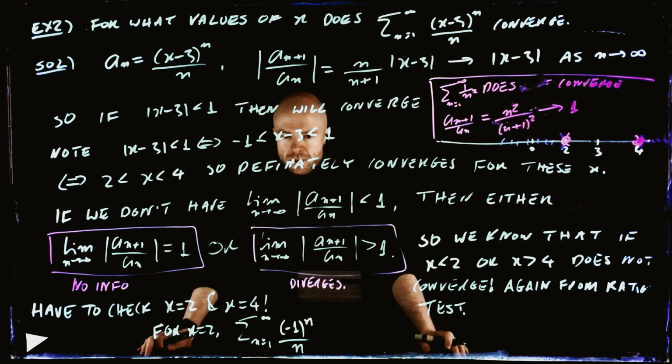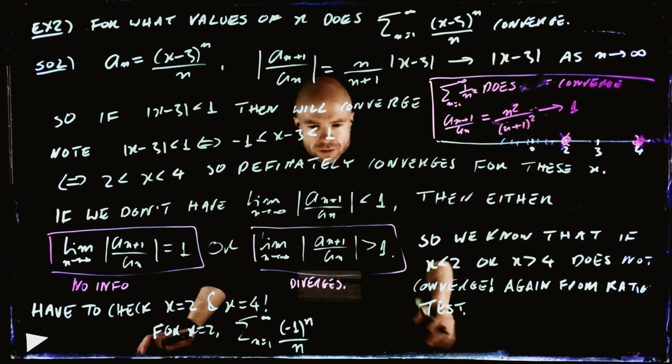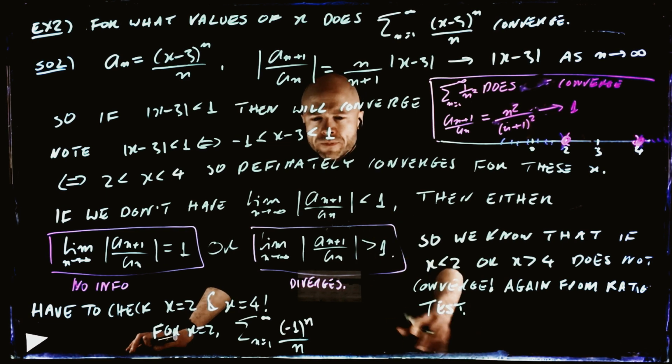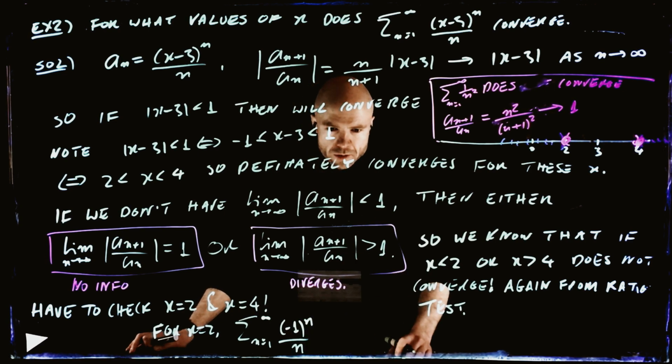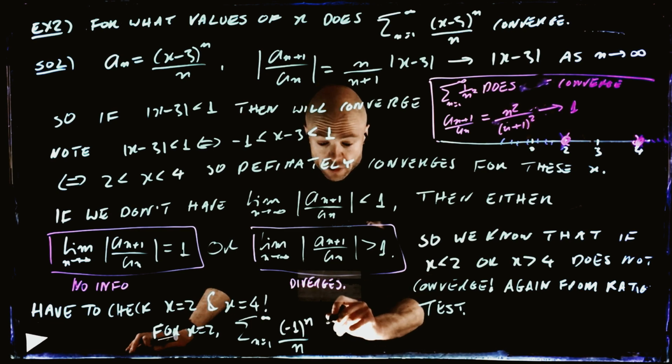Give me thumbs up if you think yes, thumbs down if you think no. I appreciate the creative use of icons there. Tell me why. This is just an alternating series. By the alternating series test, these terms go down to 0 monotonically, the limit is 0, we're all set. So this converges.